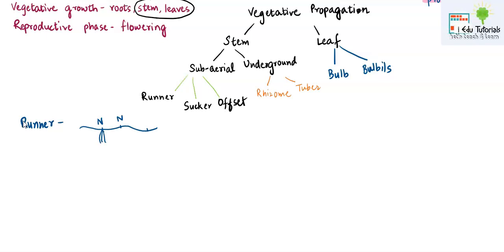In the case of a runner, roots arise and leaves form at the top. The area between two nodes is known as the internode. If a break happens between two nodes, then these plants will live individually, so we can get two plants if one break happens.